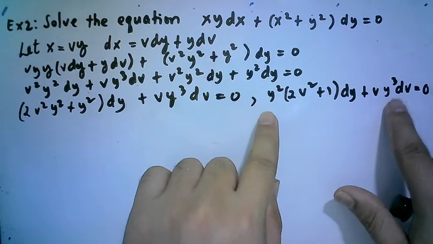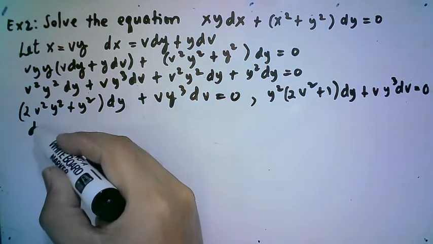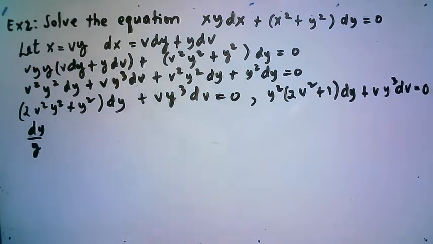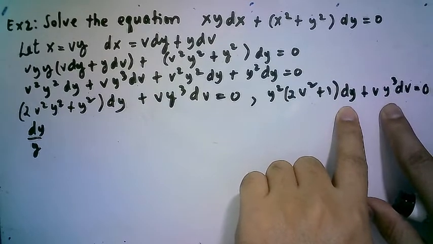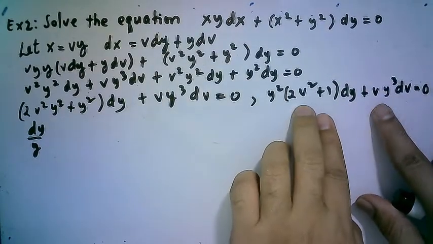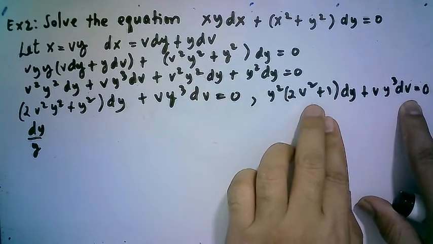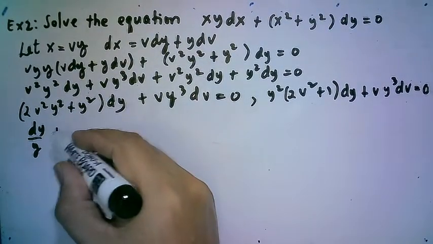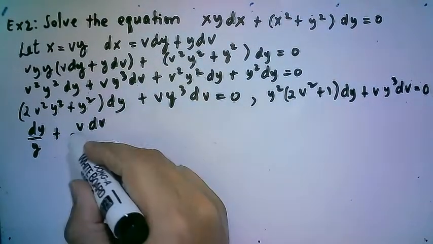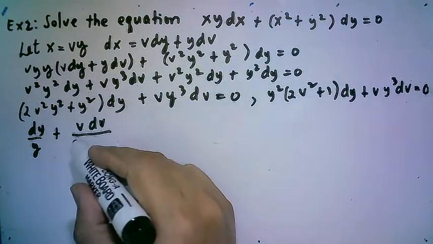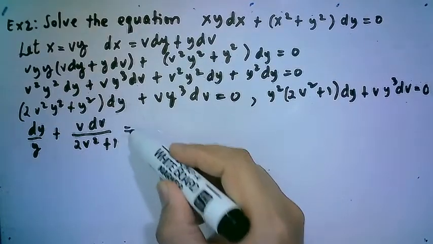What remains is y, therefore dy over y, plus v dv over 2v squared plus 1, that is equivalent to 0.